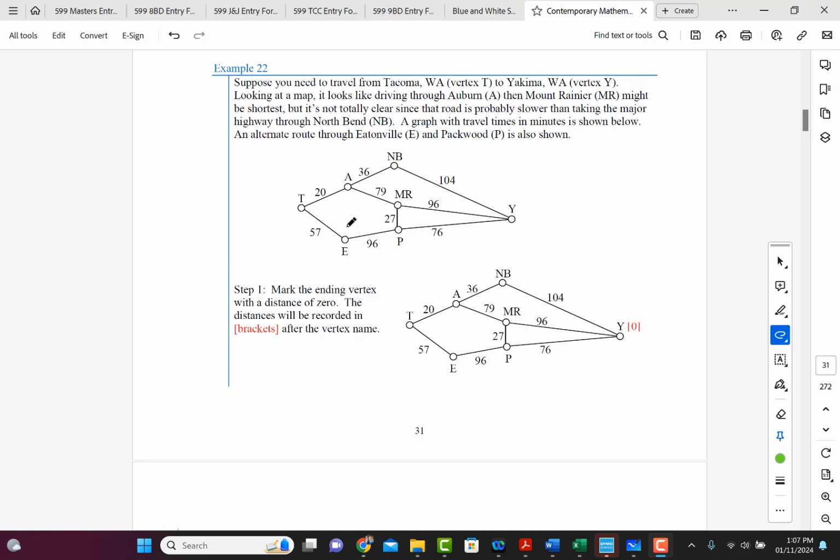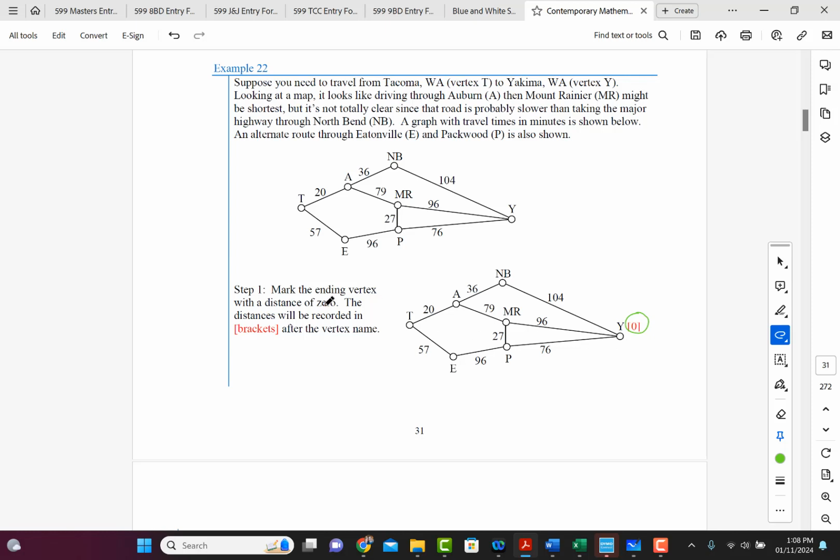Okay, so what we're going to do is step 1. Our ending point is Yakima, and that's going to be a distance of 0. So here's our ending point Y, and we see we have that marked as a distance 0 from itself. That's where we're heading.